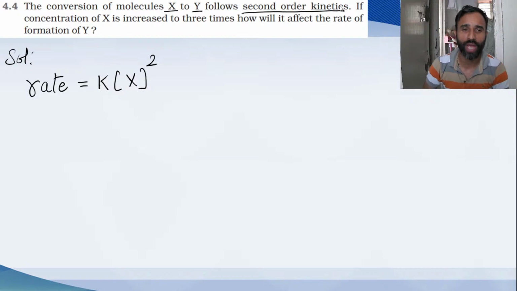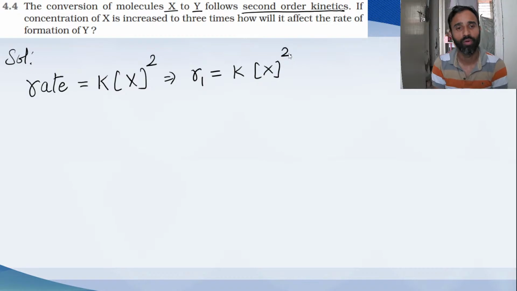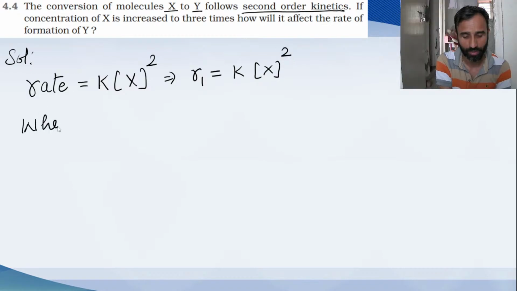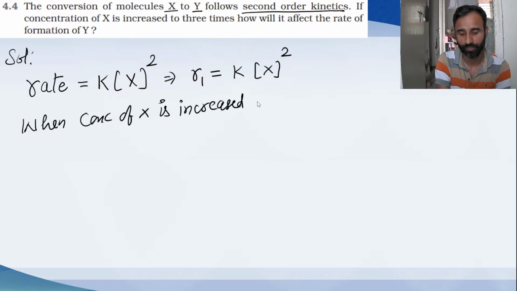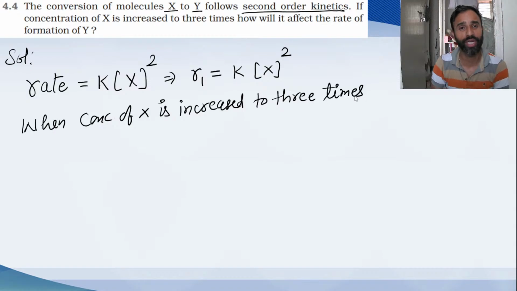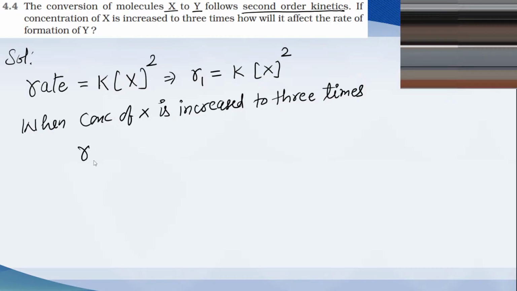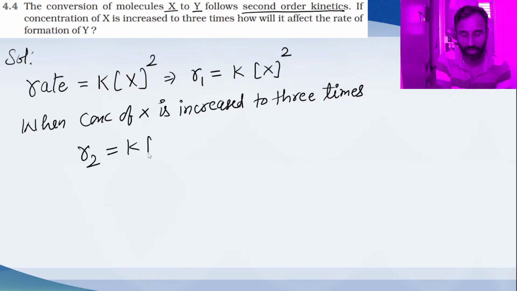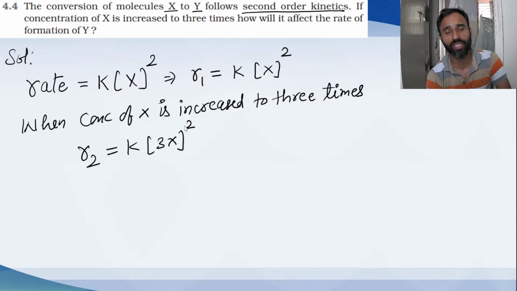If concentration of X is increased to 3 times, let us take the initial rate as R1. Now, when concentration of X is increased to 3 times, then R2 equals k into (3x) raised to power 2, because concentration of X is now 3 times.